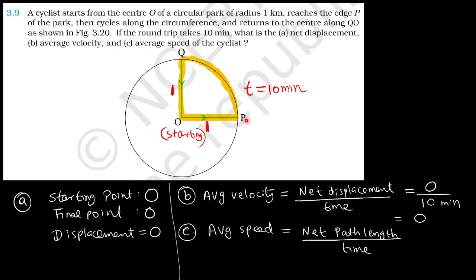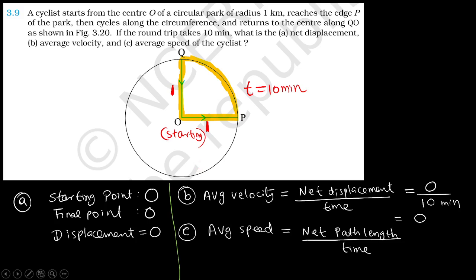The arc length PQ equals 1/4 of the perimeter of the circle. Do you know the formula for the perimeter of the circle? 2 pi r. Understood?